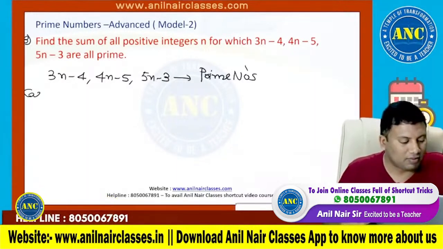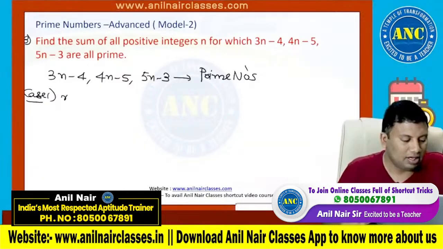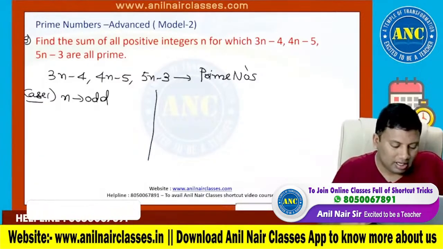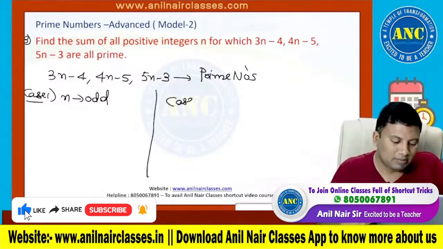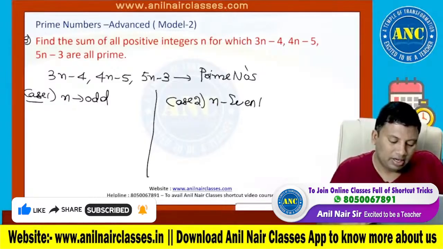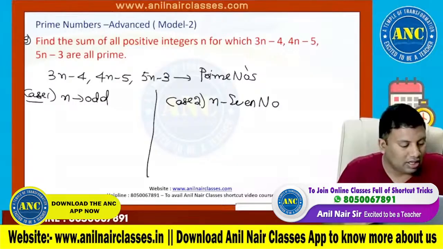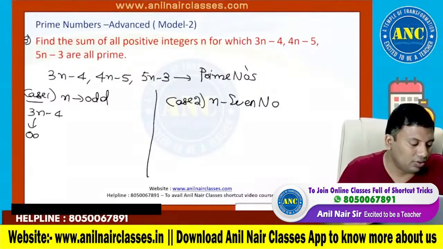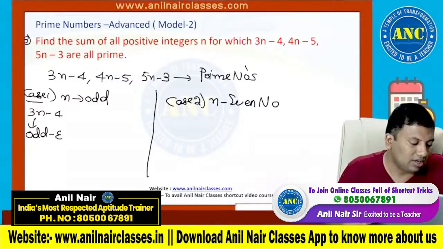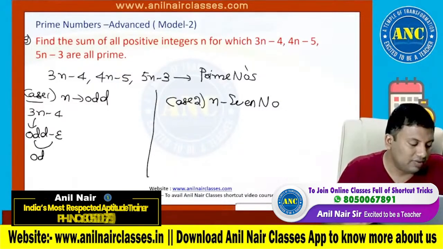Case number 1: n is an odd number. Case number 2: n can be an even number. So 3n minus 4. 3 is an odd number. Odd into odd is odd. 4 is an even number. Odd minus even is odd.